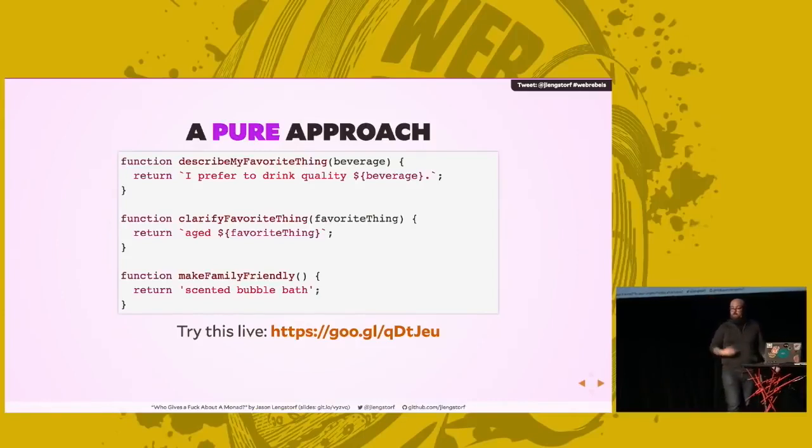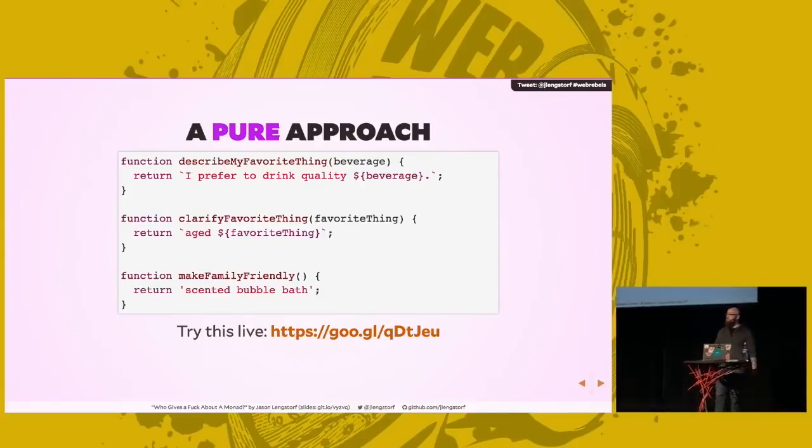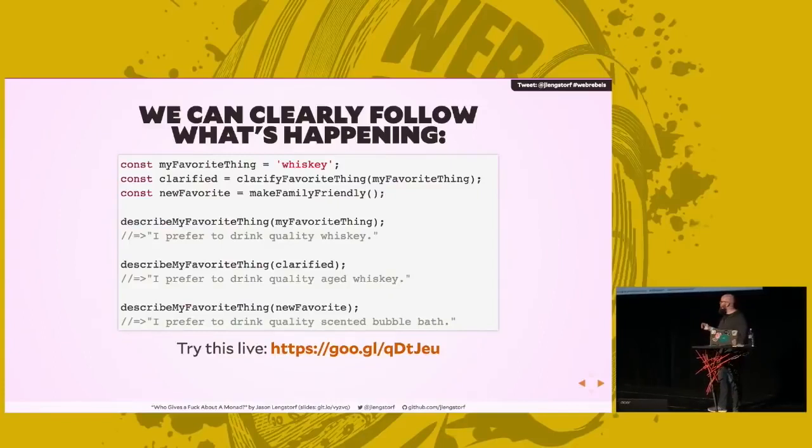If I put in orange juice, it will say the same thing, only orange juice instead of whiskey. Very predictable. If we want to clarify, we have to pass in the thing that we're clarifying. And when we make it family friendly, that's always going to return scented bubble baths. Notice that it's returning and not setting a global variable. And that makes it significantly easier to debug.